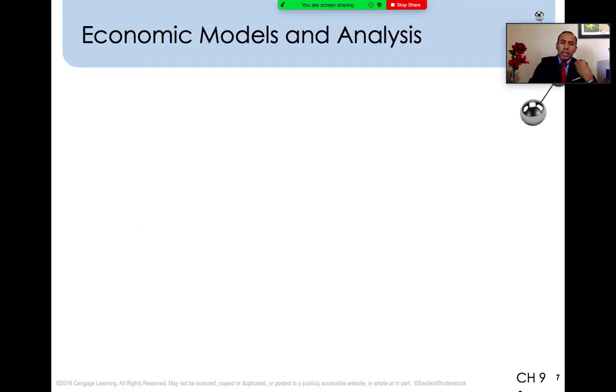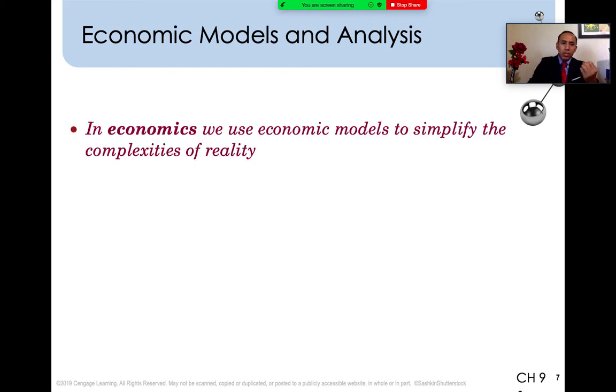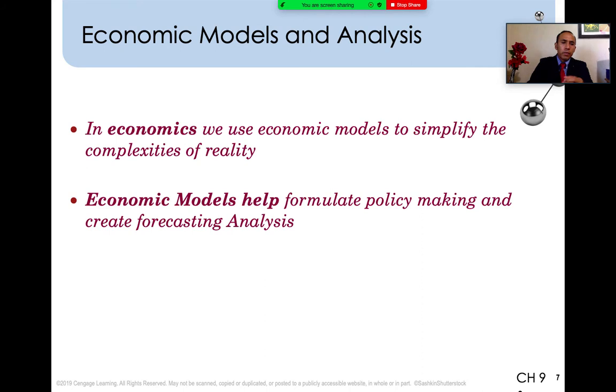Now, in economics, we tend to use economic models to analyze economic activity. So in economics, we use economic models to simplify the complexities of reality and explain economic situations in a simple manner. And economic models help formulate policy making and allow us to create forecasting analysis, some form of analytical framework of an economy.